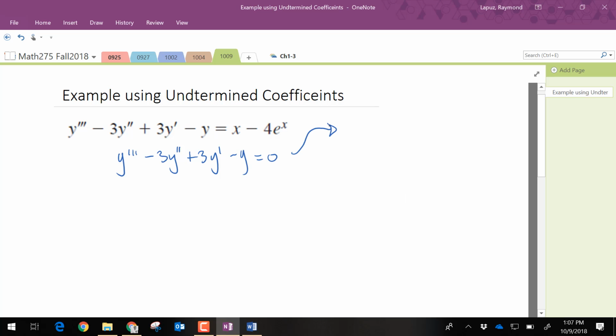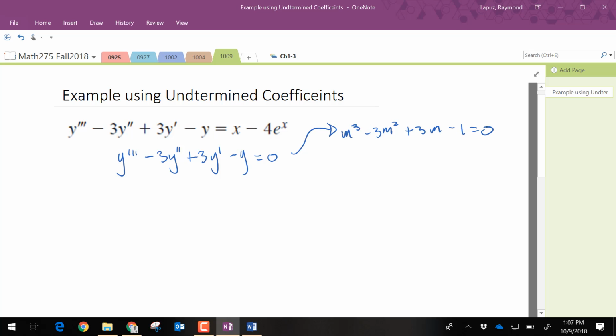And if you let y equal e to the mx and factor out the e to the mx, you'll get your characteristic equation again: m cubed minus 3m squared plus 3m minus 1 equals 0.